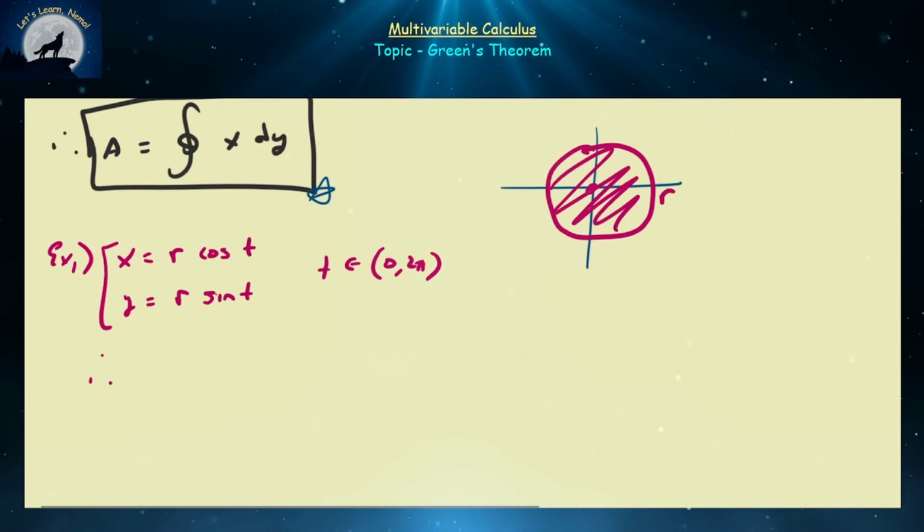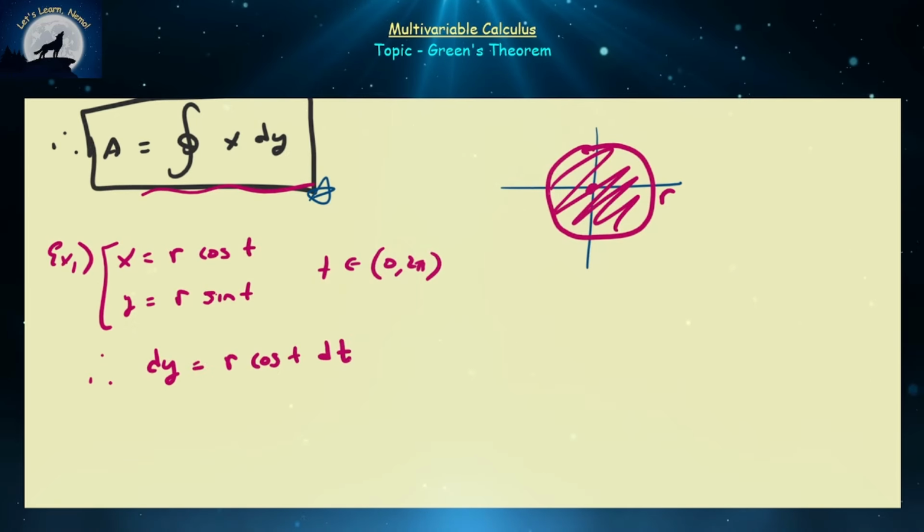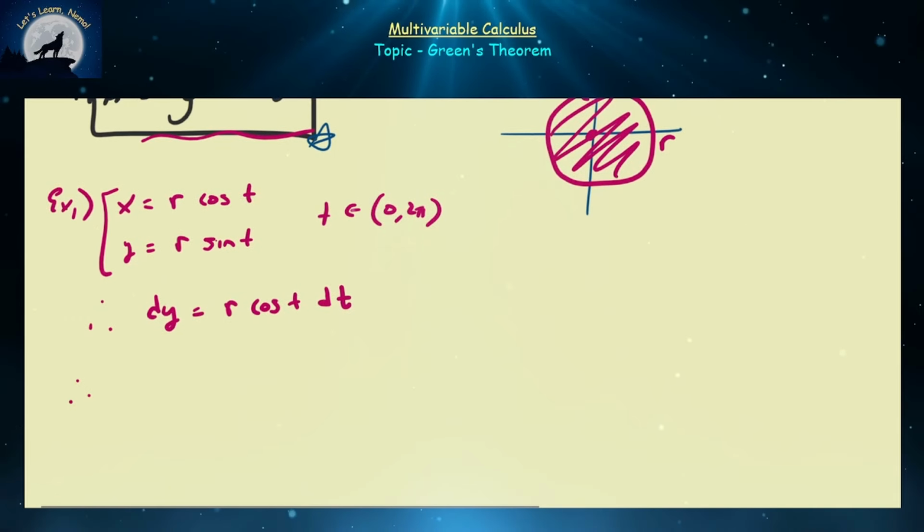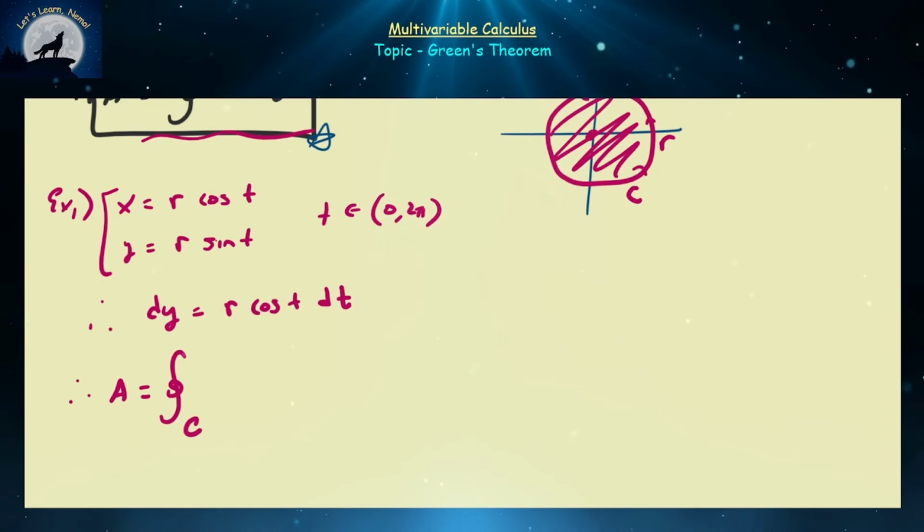So what is dy? Well, because we need to figure out what this integral is, dy will be equal to r cosine of t dt. So therefore, the area of our region will be equal to the closed contour integral over our path C, and let's assume that's positively oriented, and it indeed is smooth, of x dy.